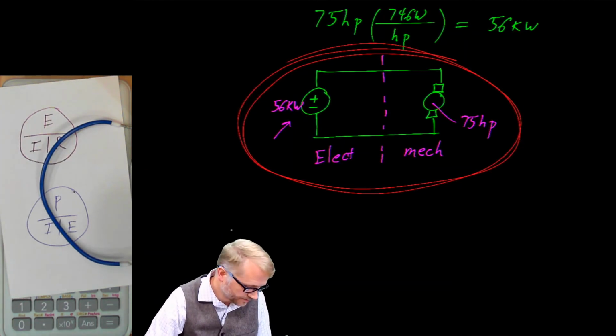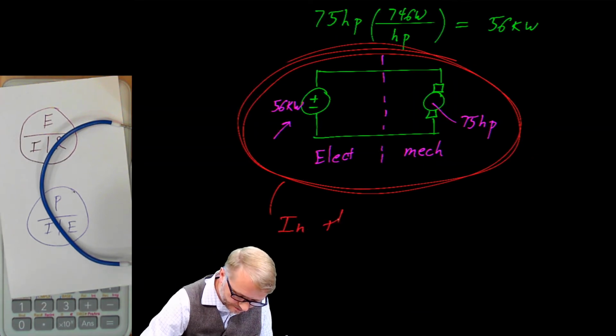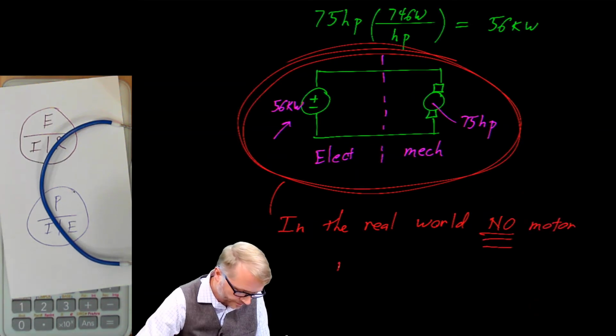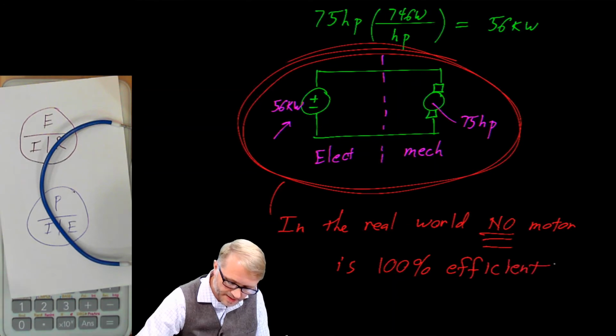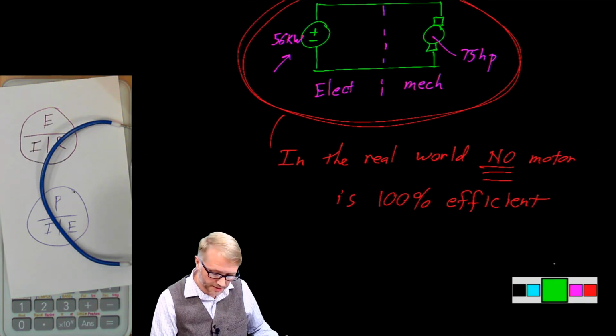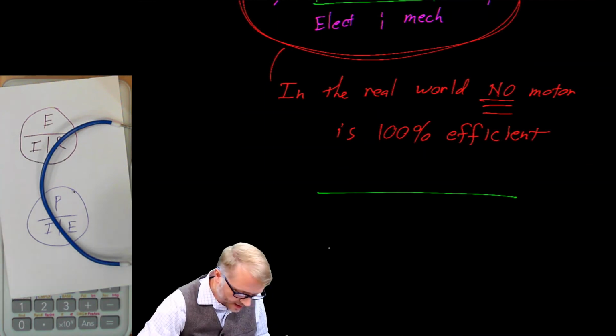All right. Here we should make a statement here. In the real world, no motor is 100% efficient. It doesn't exist. No such thing. Because in the real world, we have power coming in.